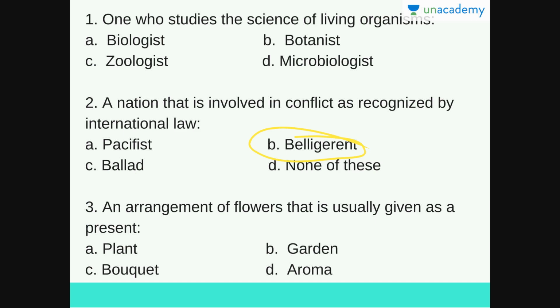Next question is an arrangement of flowers that is usually given as a present. This is an absolutely easy question. Let's look at the options: a plant, a garden, a bouquet, or aroma. The correct answer is C, bouquet, which is an arrangement of flowers that is usually given as a gift or a present.